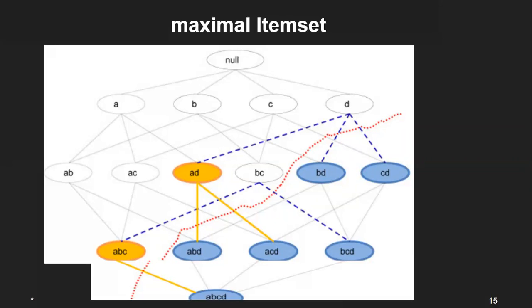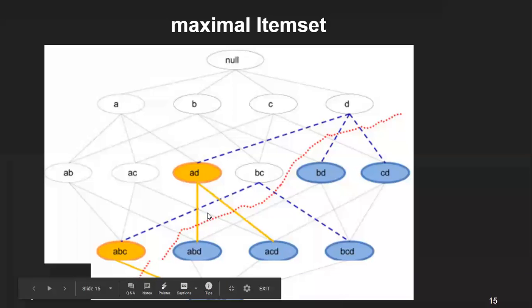There is one important point: the item sets above that line that are blank are frequent, and the blue ones below the red dash line are infrequent. The elements that we have not highlighted here are the infrequent items, and these are the blue ones below, and the red line marks the frequent items. This is the identification of this diagram.